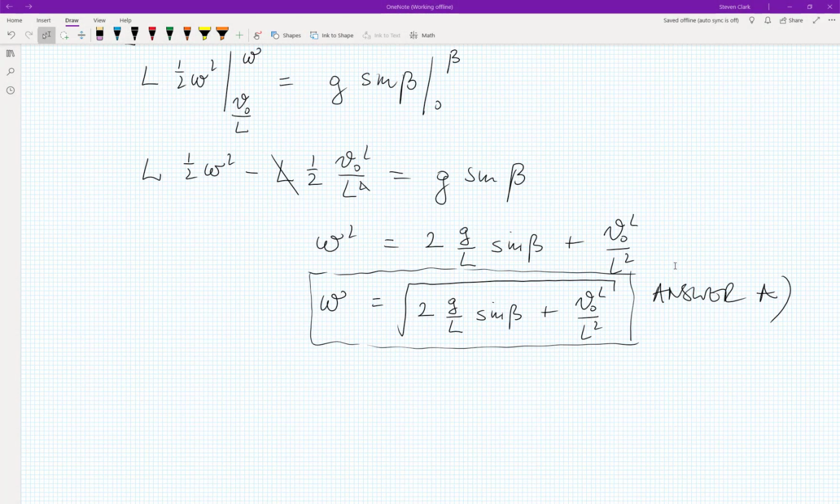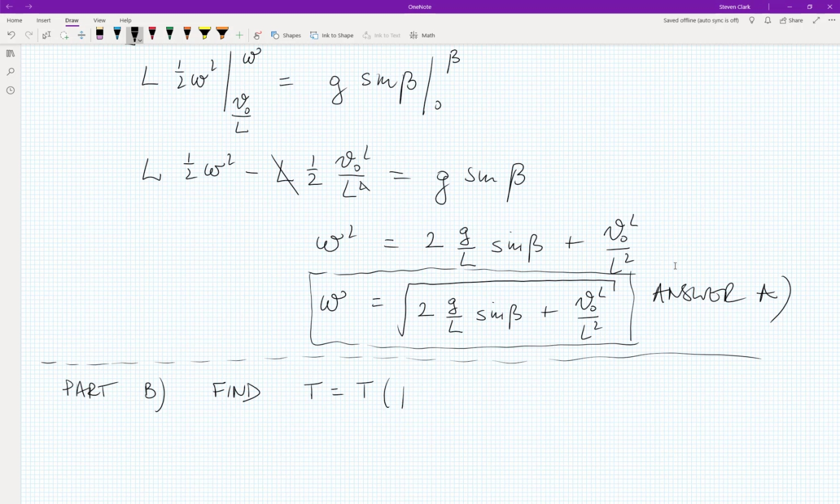Hello, everyone. In our discussion, we didn't have time to finish part B of example number 2. That's why I decided to finish it after our discussion. Here is the solution. They ask us to express tension in the rope as a function of beta.